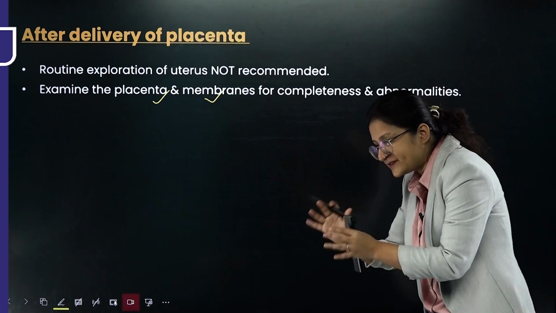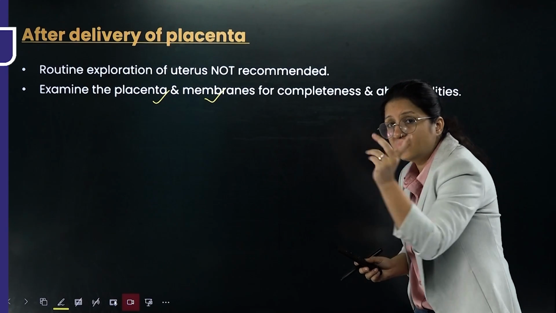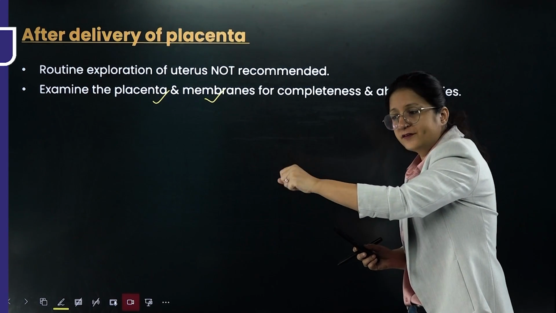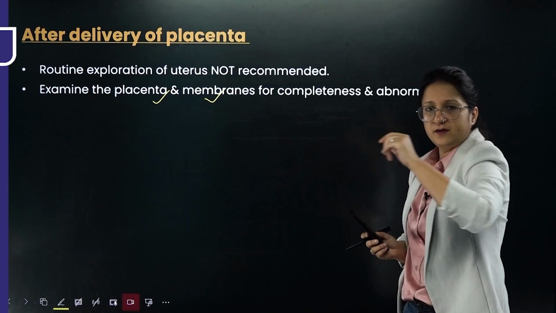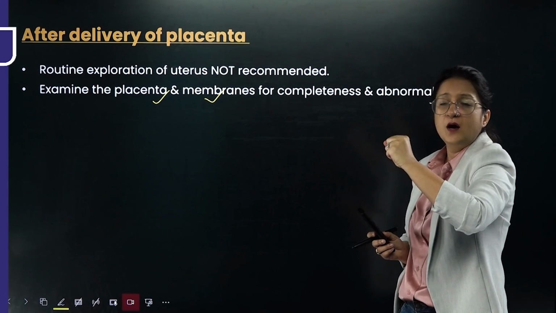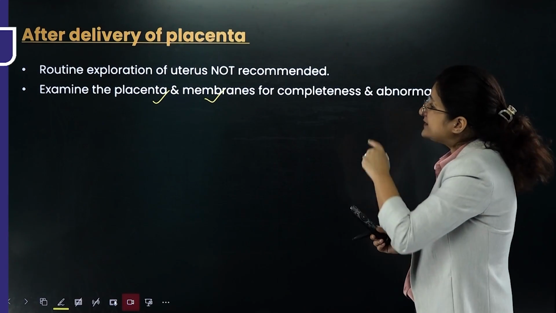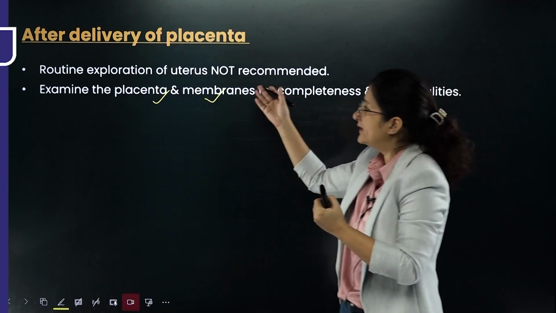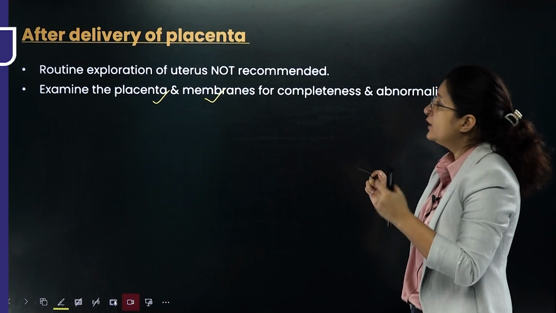You'll realize that you have separated the placenta, but the uterus isn't contracting that well. It's probably having intermittent bits of relaxation in between with contraction. It is not that hard and firm uterus that you feel. So then you might suspect that some membrane bits are lying inside or retained inside. Then one can explore the uterus.